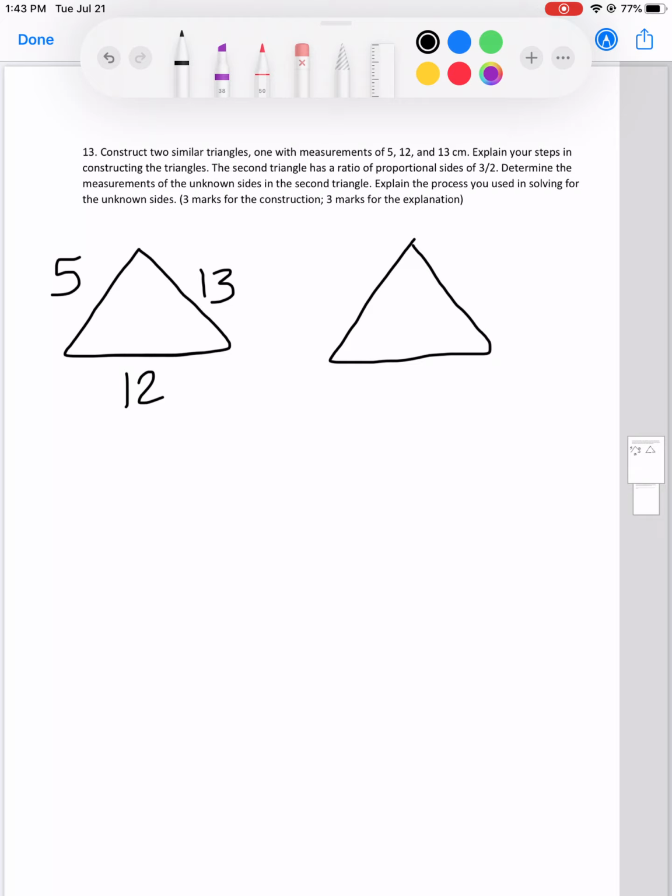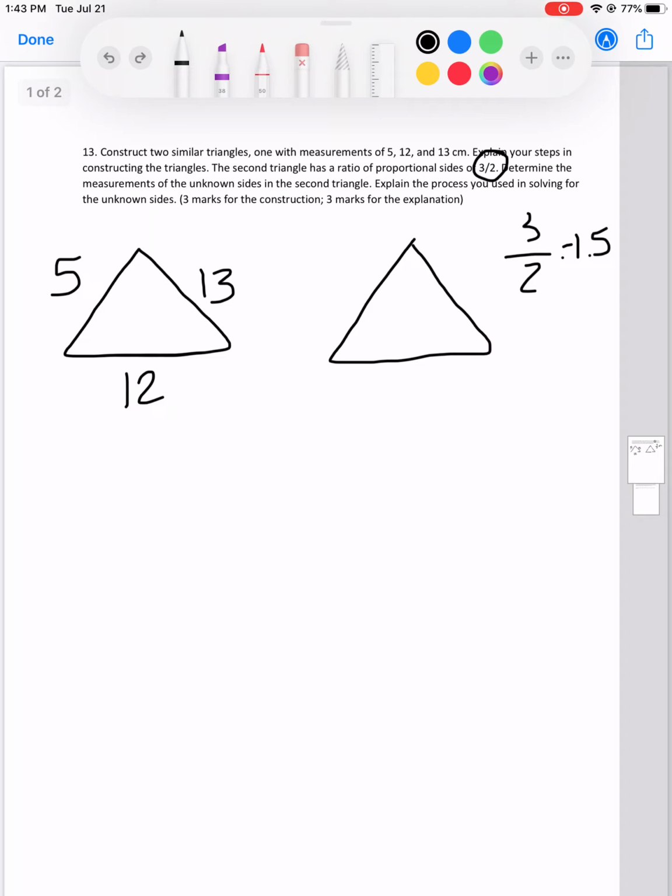The second triangle has a ratio of proportional sides of 3/2. 3/2 is also 1.5. So actually what we're going to be doing is, this triangle is going to be 1.5 times the size of this triangle here, but the angles are still the exact same.